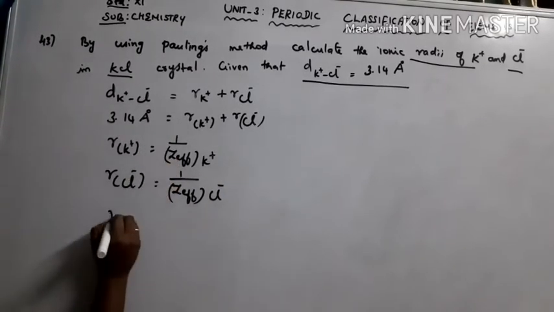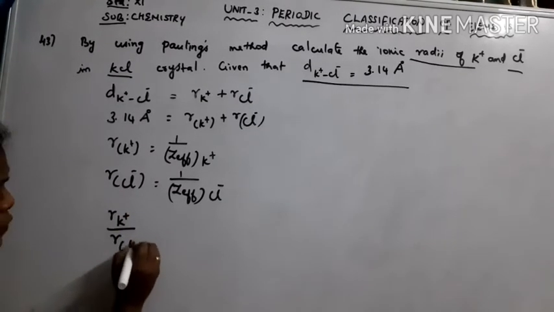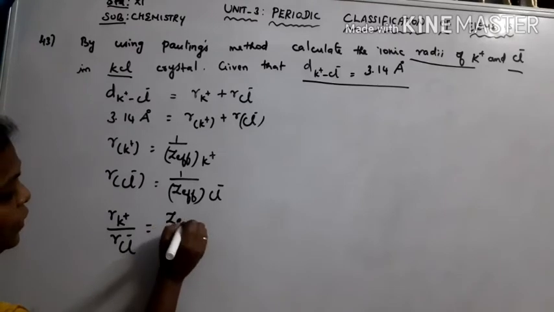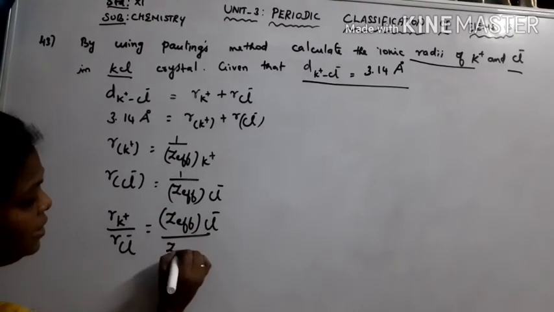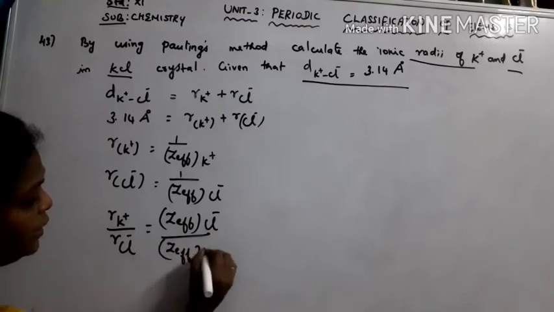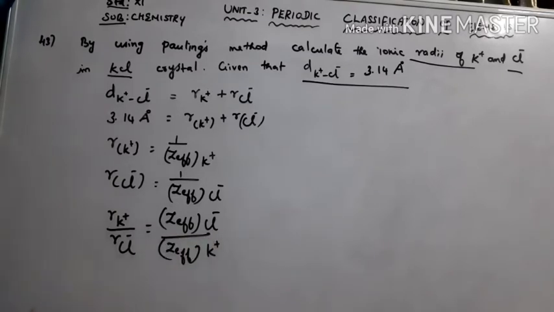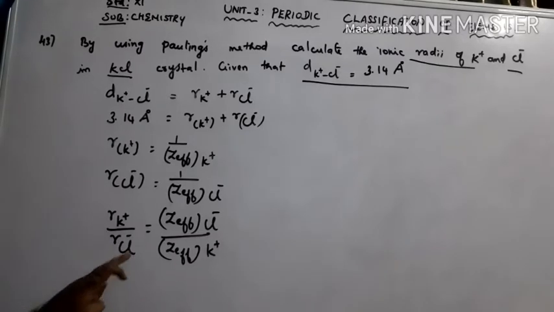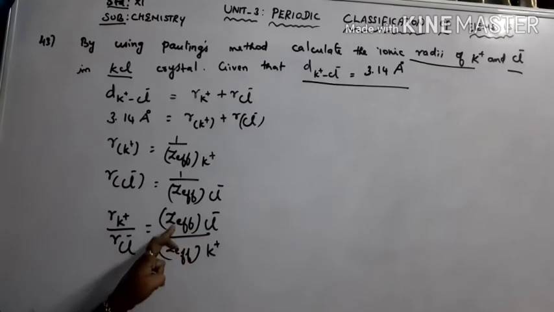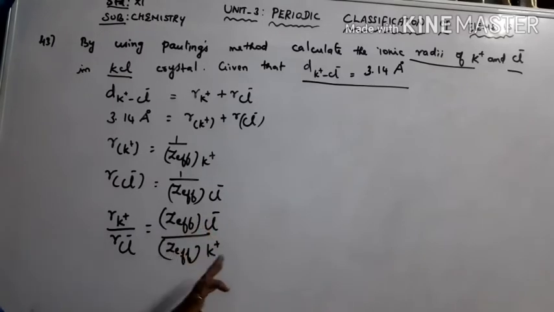Therefore, by dividing these two equations, we get the radius of K plus by radius of Cl minus is equal to effective nuclear charge of Cl minus ion divided by effective nuclear charge of K plus ion. So to calculate the radius of K plus as well as Cl minus, first we have to calculate the effective nuclear charge of Cl minus as well as K plus.